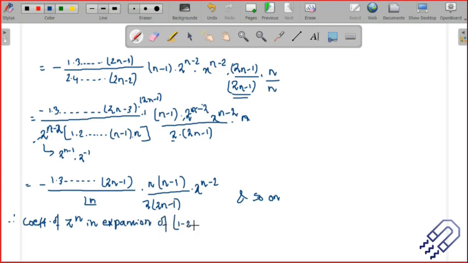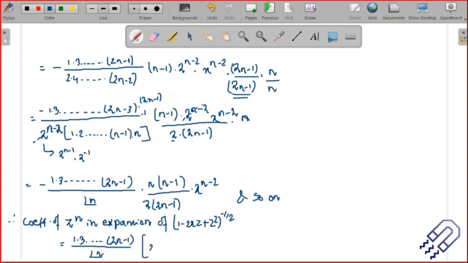1 minus 2xz plus z square whole thing to the power minus half is equal to 1 3, and then 2n minus 1. This is common, both the terms, we will find it common everywhere. You adjust it accordingly, you are going to get it.